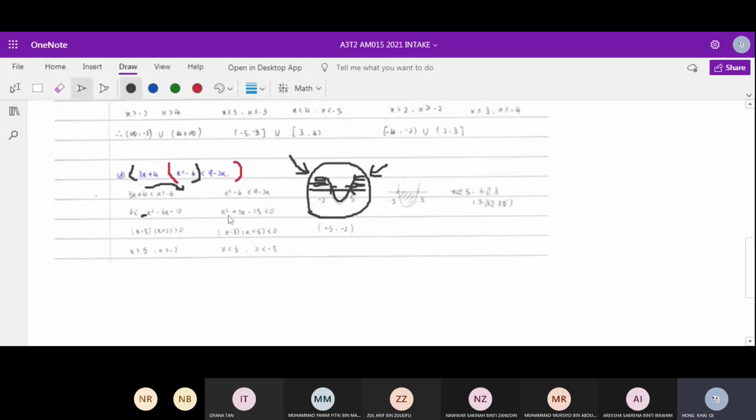And then the second inequality, x squared minus 6 less than 9 minus 2x. Moving terms, it becomes x squared plus 2x minus 15 less than 0. You factorize, we'll get 3 and negative 5. So we draw another graph here. A is 1, so smiley face.